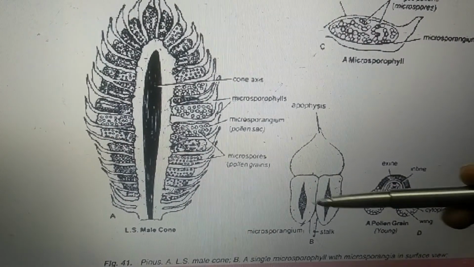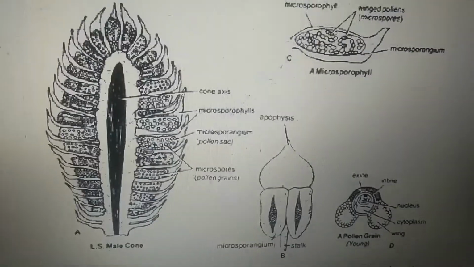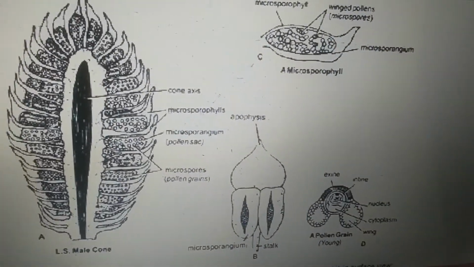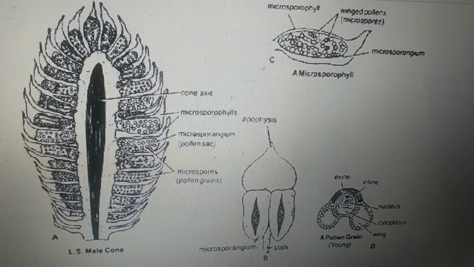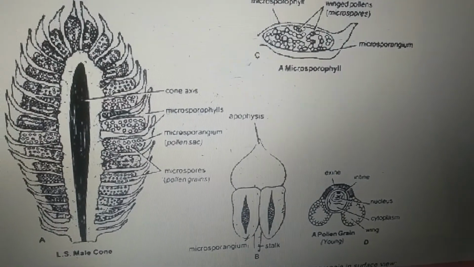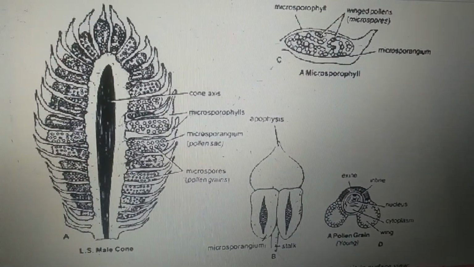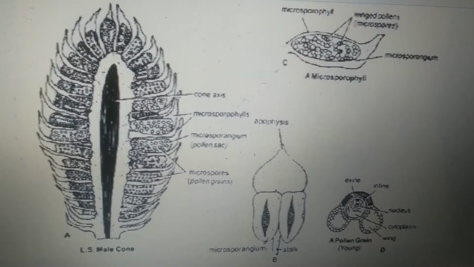Inside the pollen sac, what we have is pollen grains. Each microspore or pollen grain is a round structure and yellow in color. They are light weighted, they are uninucleate with two outer coverings, a thick outer exine and a thin inner intine.